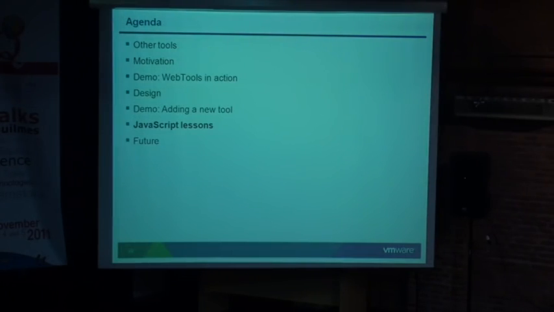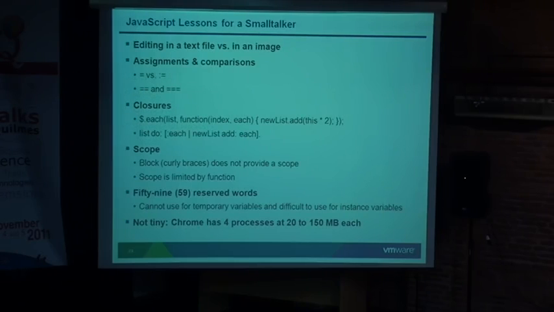So some things we've learned by doing this. Of course, if we're working with HTML, JavaScript, and CSS, then we're editing in a text file rather than in an image. So that's a different experience for a Smalltalker.